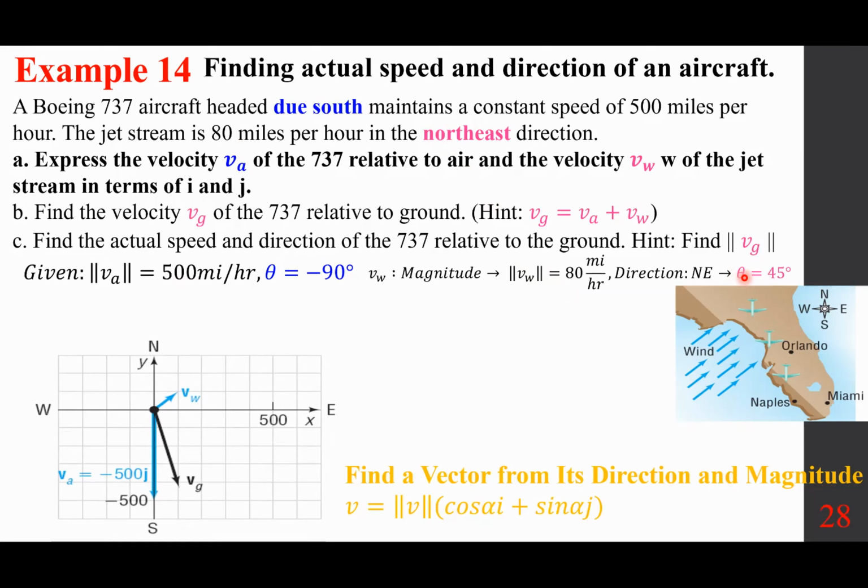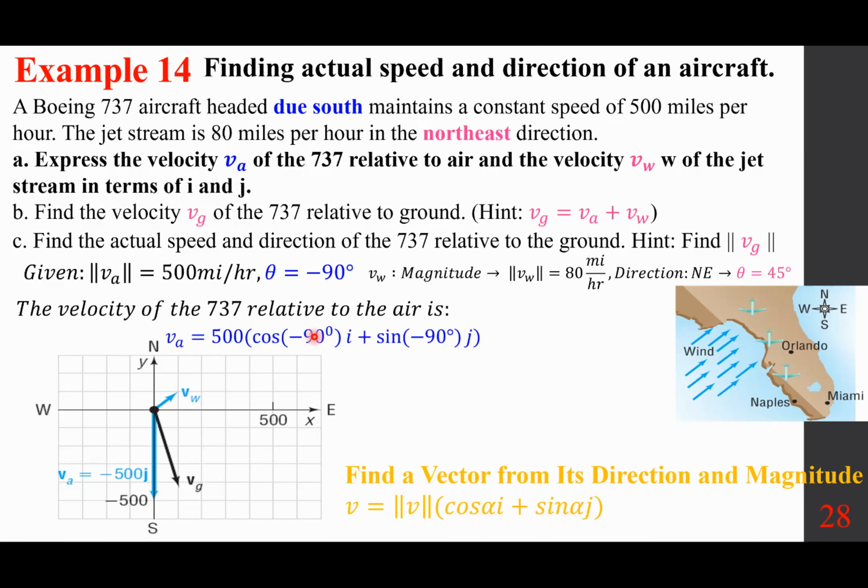So due south, that's the aircraft, the wind, and here's the resultant vector. So the velocity of the 737 relative to the air, we just follow this formula: the magnitude times cosine of alpha I plus sine alpha J. We want to write it in terms of its components.